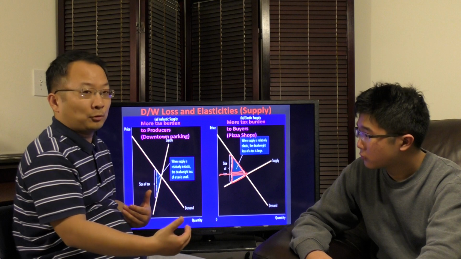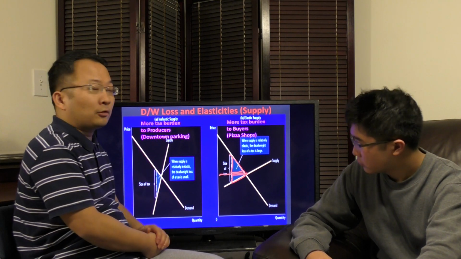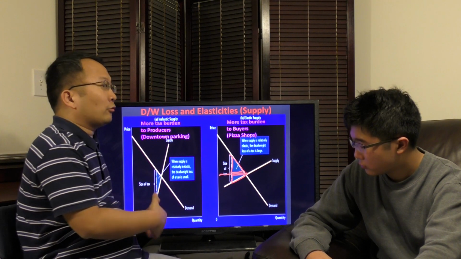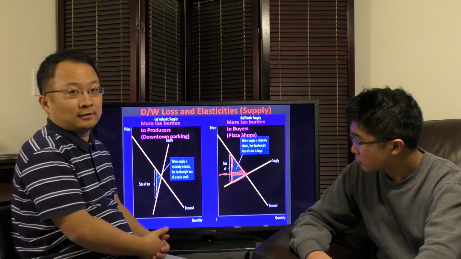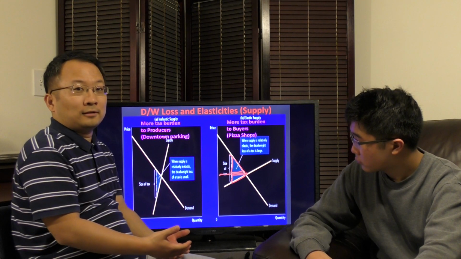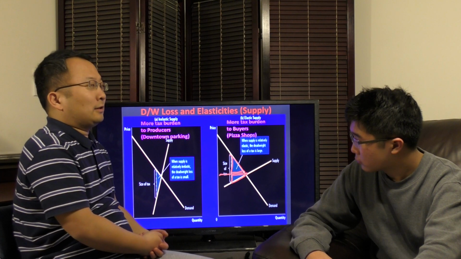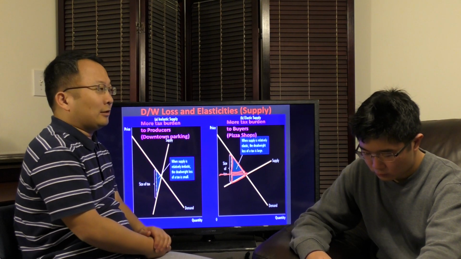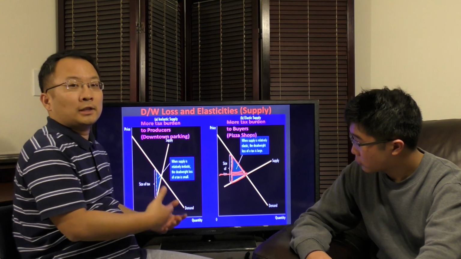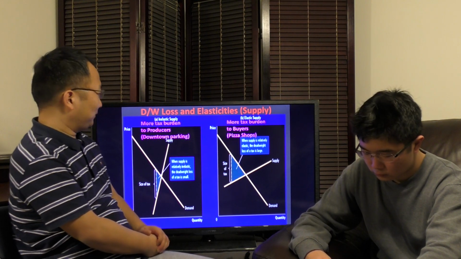It's more predictable tax revenue from cigarette smokers and from downtown parking owners. They're either addicted or restricted for various reasons, and they're still going to do business as usual even if the cost is higher. That's why excise taxes are more likely to be observed on inelastic demand or inelastic supply.